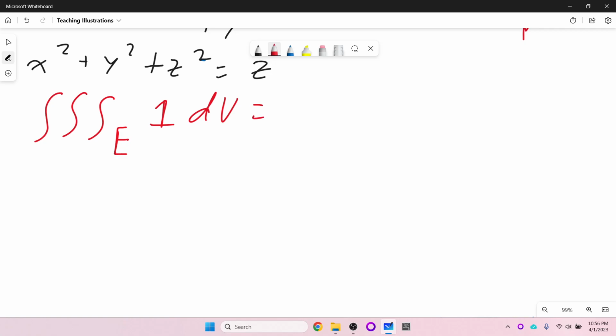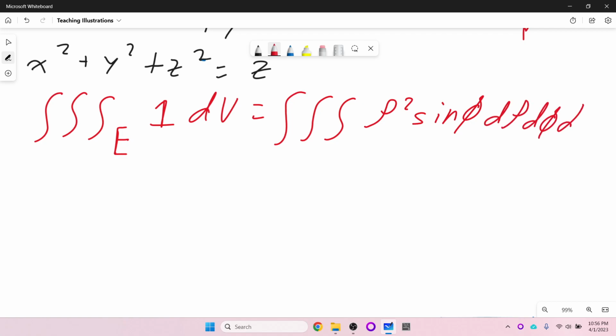We will have the triple integral. Now it said 1 dv. Since we're changing to spherical, we need to bring in that rho squared sine of phi multiplier. Then we have d rho, d phi, d theta. And we said rho goes from 0 to cosine of phi. Oh, I take it back. This is not a spherical prism because this cosine phi is not constant.